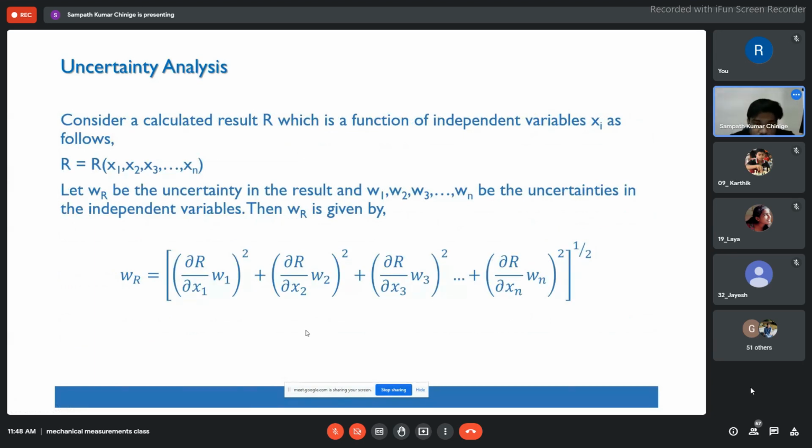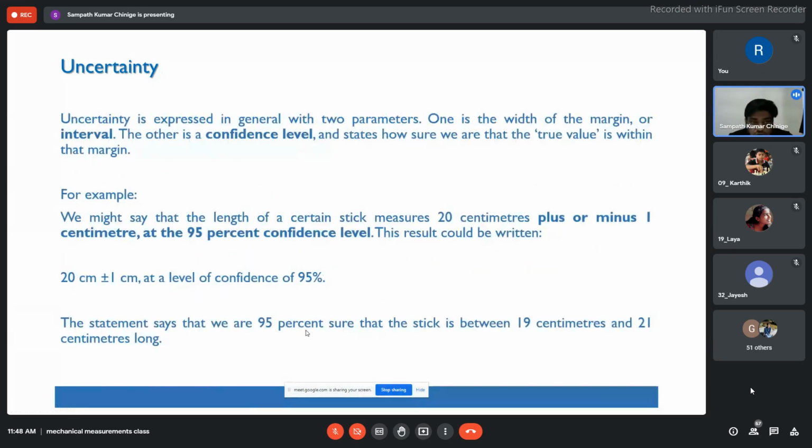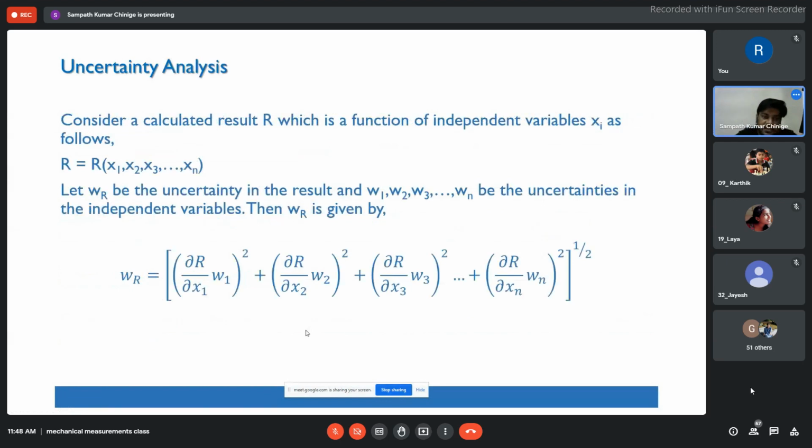Okay, so in such a case, how do we estimate? This is an individual measurement, one length. But if you have a calculated result, that means you are having R, which is a function of x1, x2, x3, xn. Each is a different instrument, you take for easy understanding.